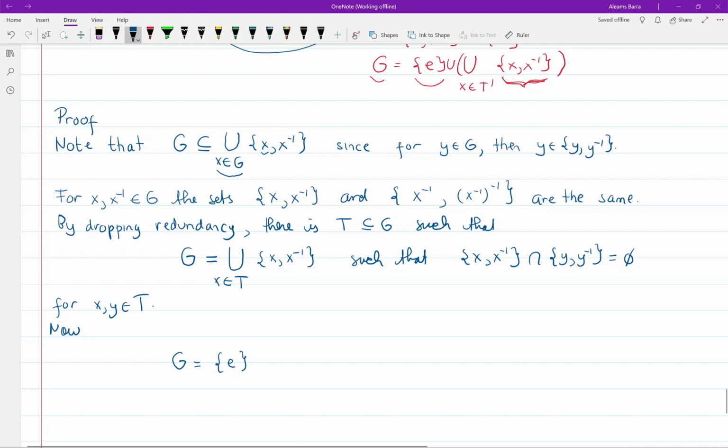When X is equal to E, since E is an element of G, the neutral element is contained in {E, E inverse}, which is exactly just a singleton.